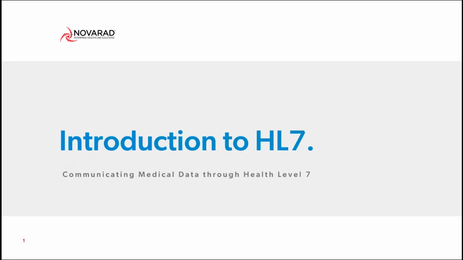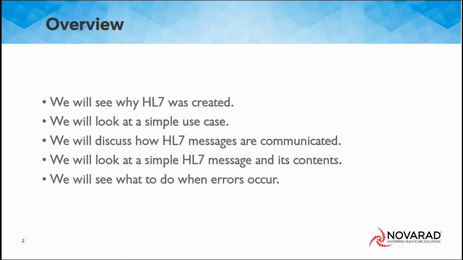So what we're going to do today is talk about HL7. I mean, obviously that's why you're here, but we're going to talk about some very basic aspects of HL7. We'll see why it was created. We'll look at a simple use case. We'll talk about how HL7 messages are communicated.